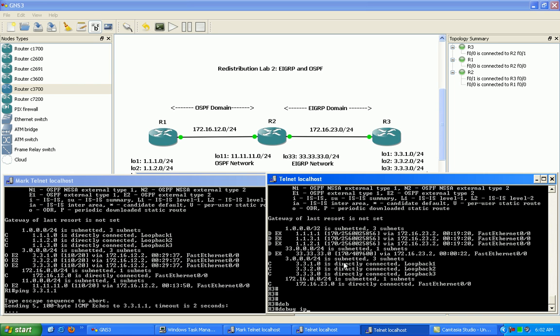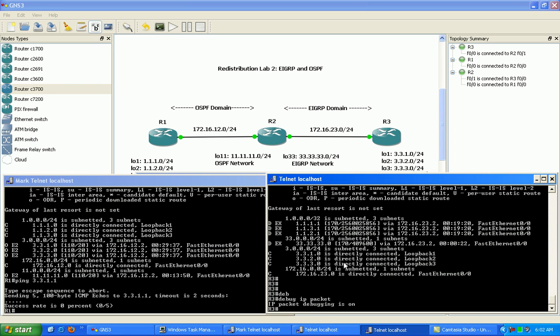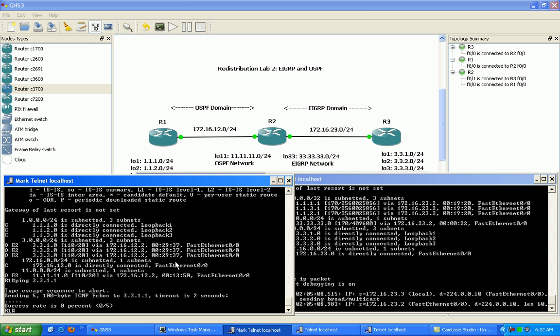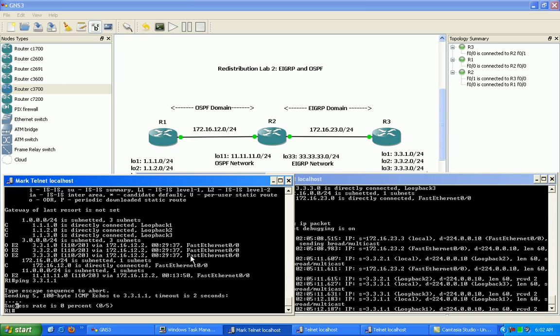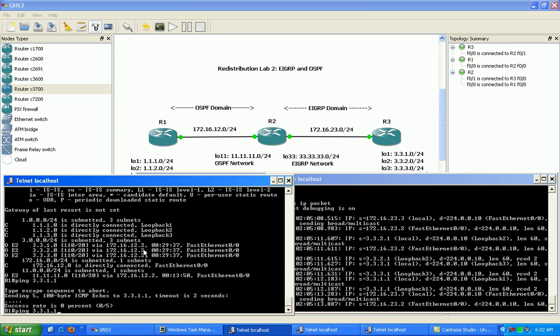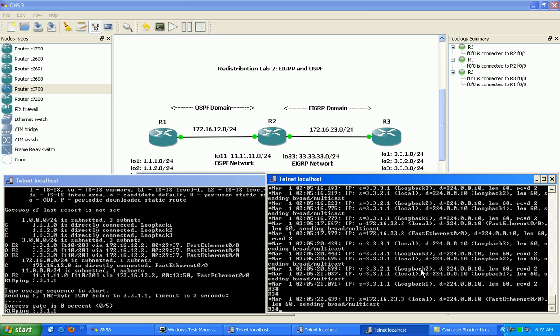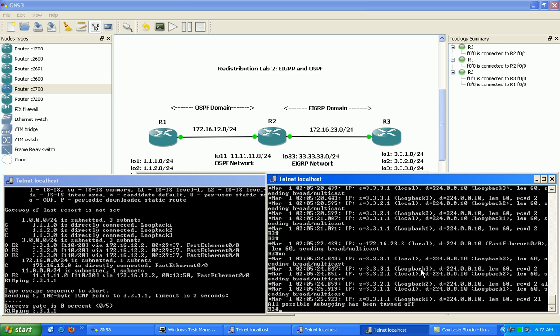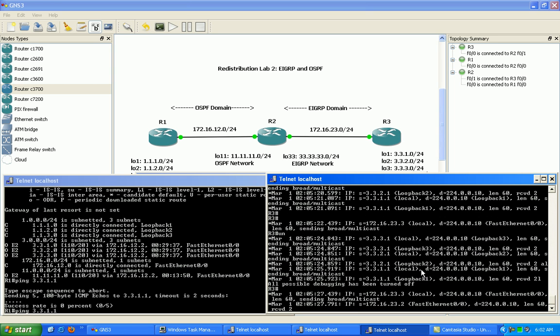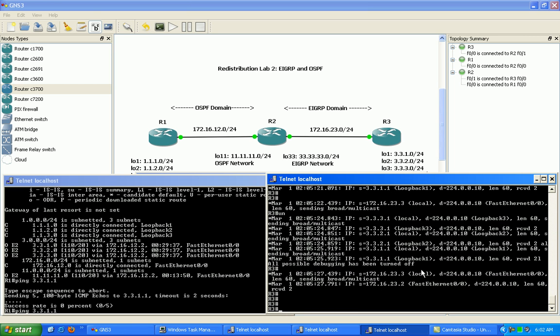Okay, if I do a debug IP packet here on router 3, just do it. Should have known EIGRP is very, it talks a lot via multicast.